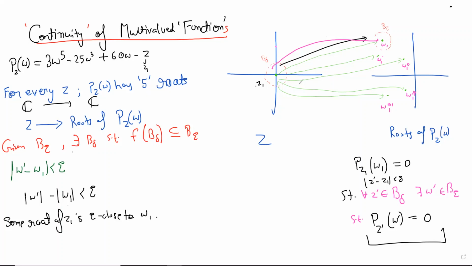So to translate that, what it means is that if you take a small enough, no, so this is not Z1.